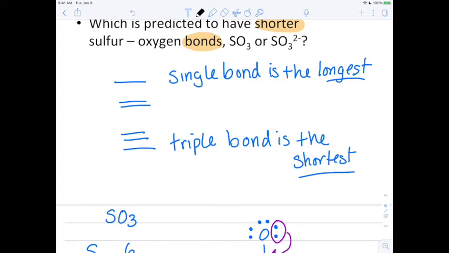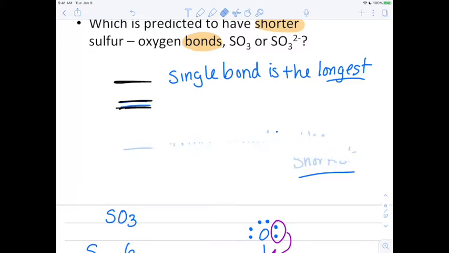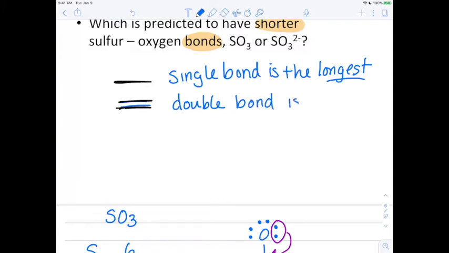So here is our single bond and here's our double bond. And we know that the double bond would be shorter than the single. So let me go ahead and get that triple bond out of our way for a moment. Okay, so the single is the longest, the double bond is a little shorter, and we know the triple would be shorter than that.